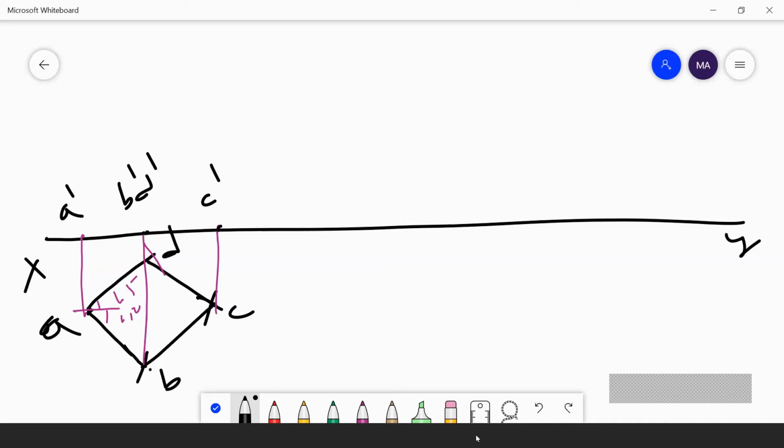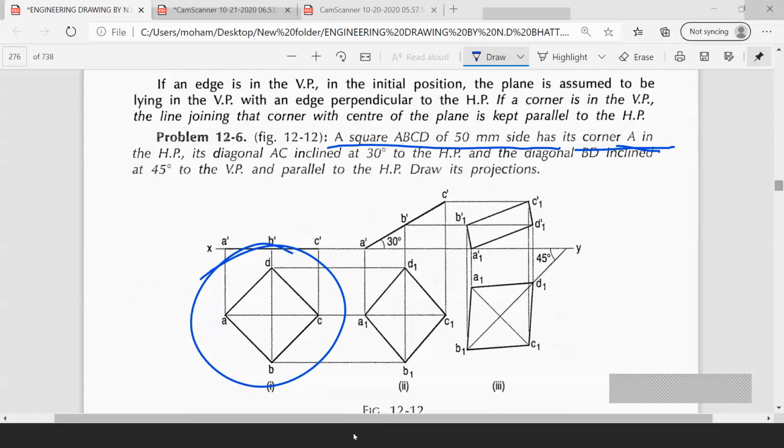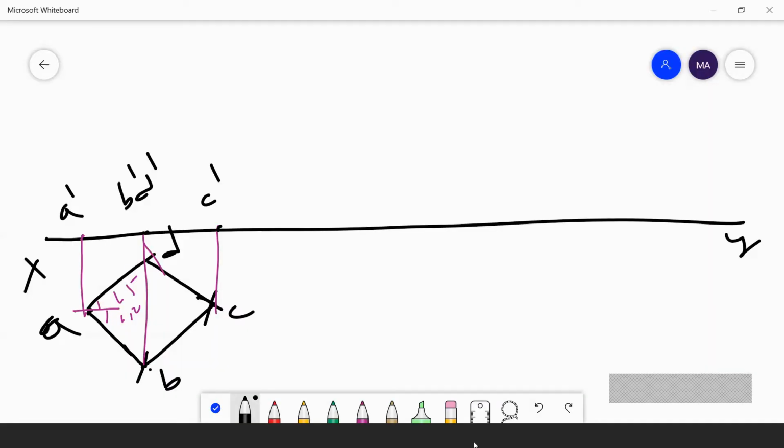Okay. After that, it is given that the diagonal AC is inclined at 30 degrees to HP, which means I will draw the inclination in VP. Understand? After that, I will mark these points here.